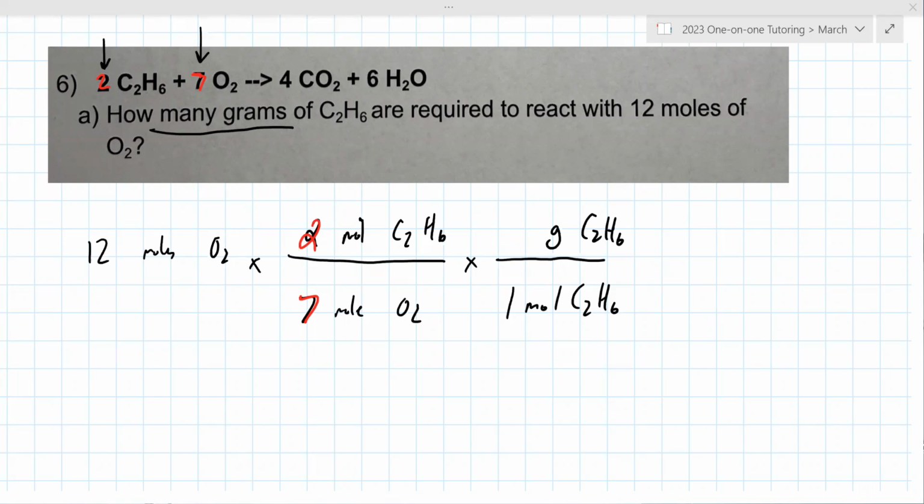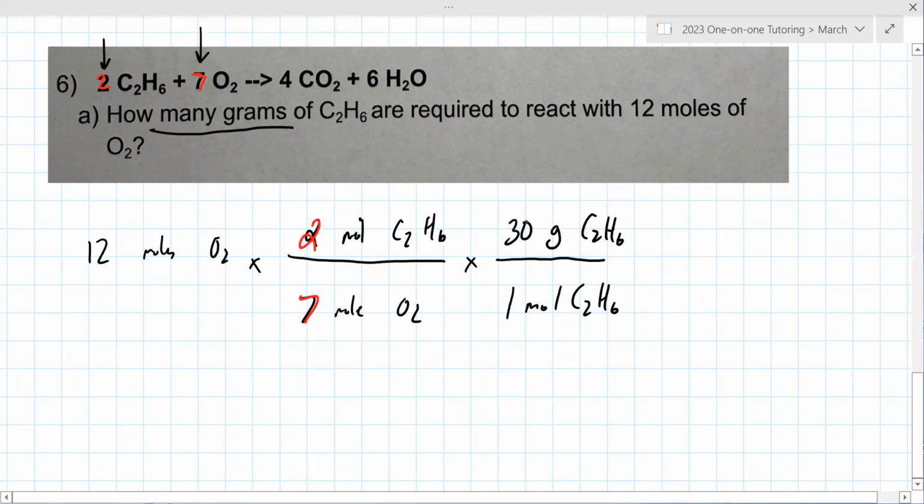So 30 grams of C2H6, good. And now we just do the math. This one's got a bit more to it.